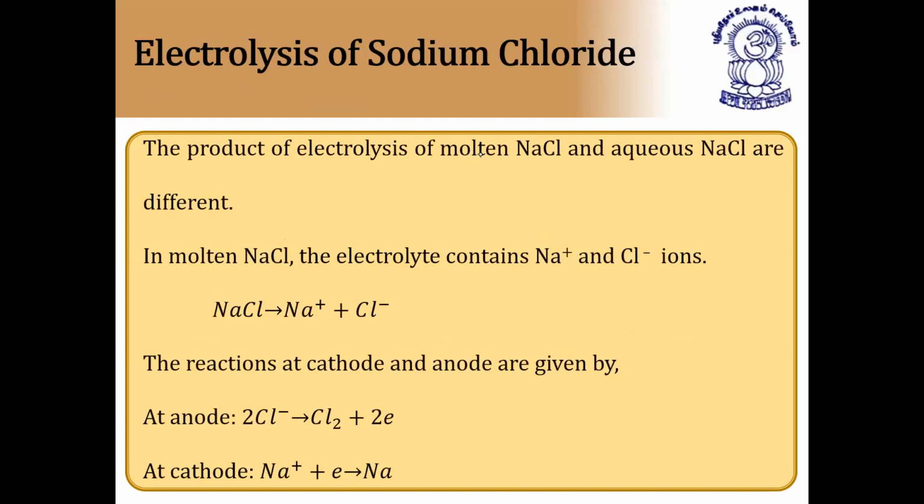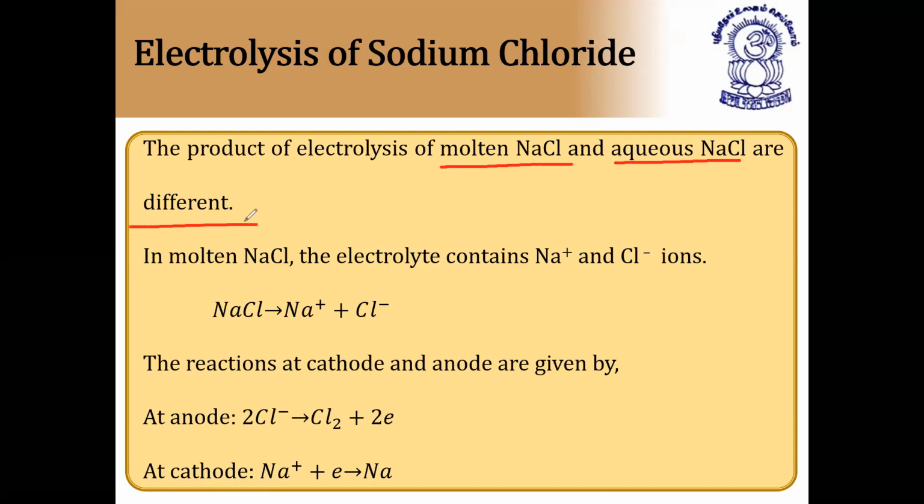So for example, the products of electrolysis in molten NaCl and aqueous NaCl are different. Very, very important here. Underline this: molten NaCl is just liquid NaCl. In molten NaCl, the electrolyte contains only sodium ions and chloride ions.